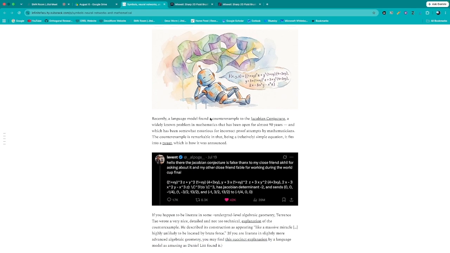Recently, a language model found a counterexample to the Jacobian conjecture, a widely known problem in mathematics that has been open for almost 90 years, and which has been somewhat notorious for incorrect proof attempts by mathematicians.